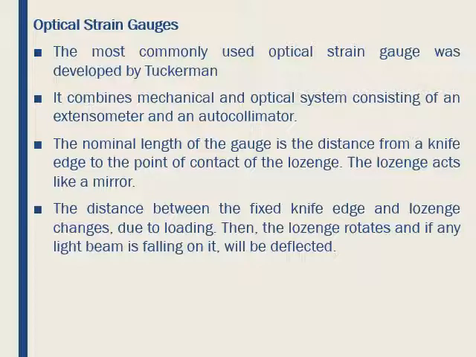So as the specimen elongates, the measuring knife edge will rotate about its points, thereby tilting the mirror. The reflection of the illuminated scale in this mirror is viewed through the telescope, and with the help of the telescope, the reflected image and the original image, the displacement is calculated.